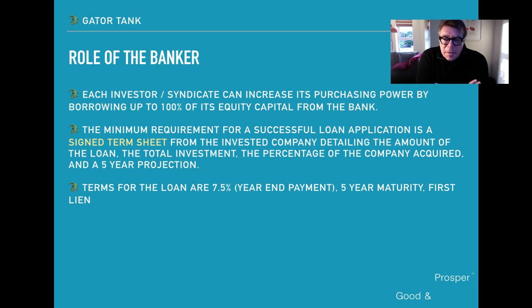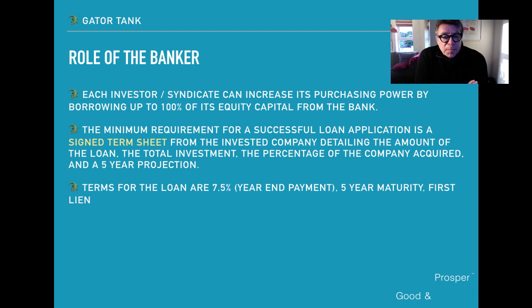That gives them more power in terms of the amount of money that they're able to spend. However, it also makes the process a little bit more complicated because the bank has to approve the loan application before the term sheet can be deemed finalized.